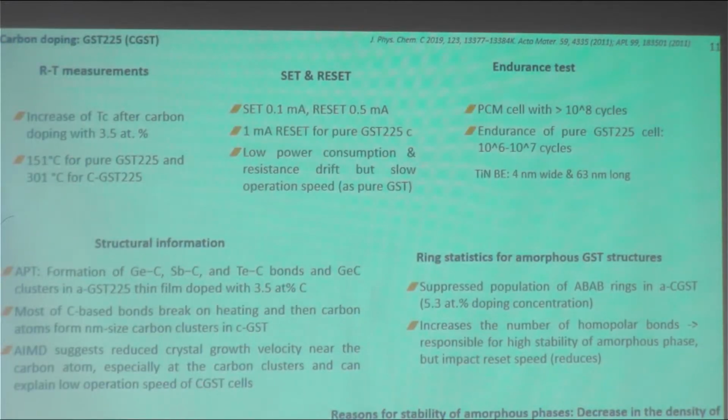Now let's look at the carbon doping of GST 225. The carbon doping again increases the TC of the material by a huge temperature, like a double, with only a small amount of carbon, like 3.5 atomic percent.